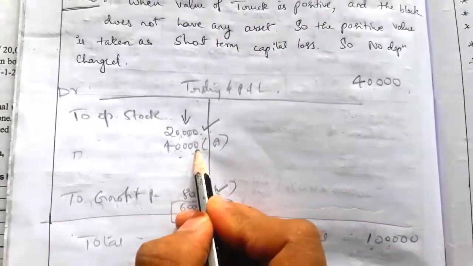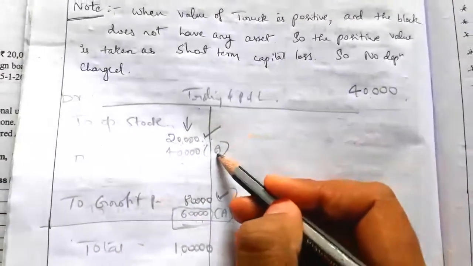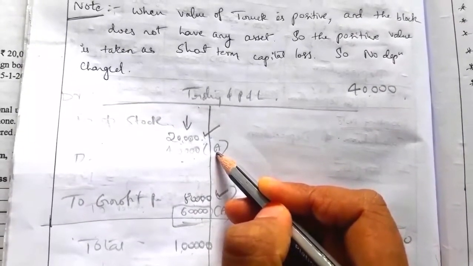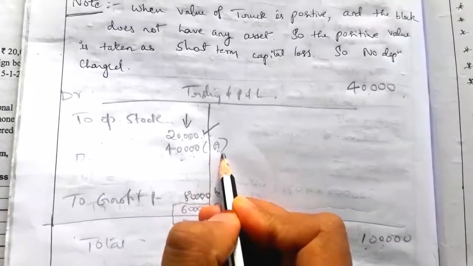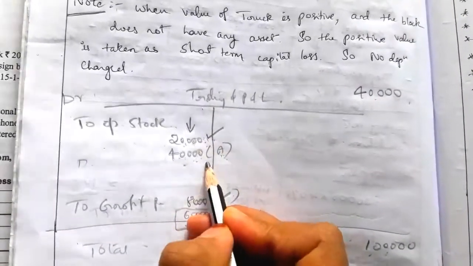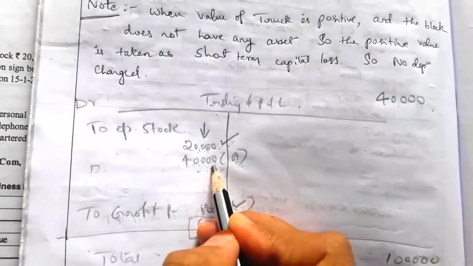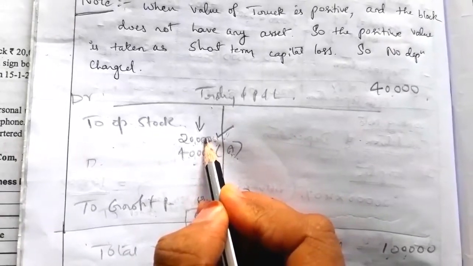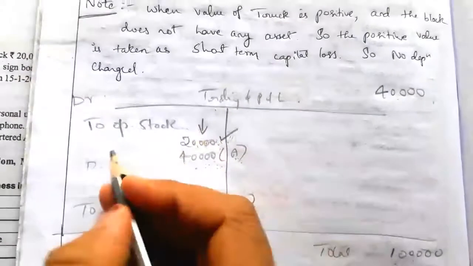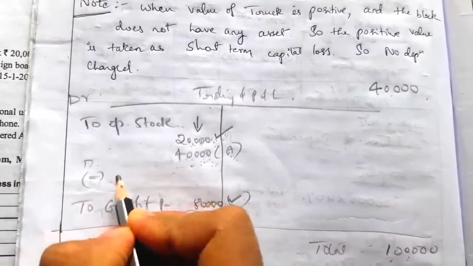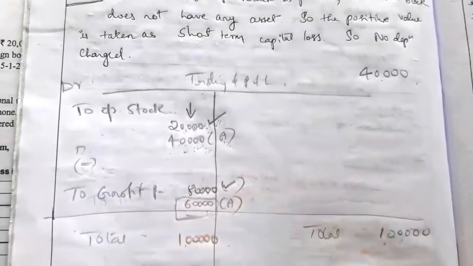Instead of deducting 20,000 we have to deduct 40,000, so we have to deduct still more 20,000 here. 20,000 was already recorded, undervalued, so again we need to record 20,000 to get 40,000. That is what we have to deduct from the net profit, because of recording less, our profit has shown more.